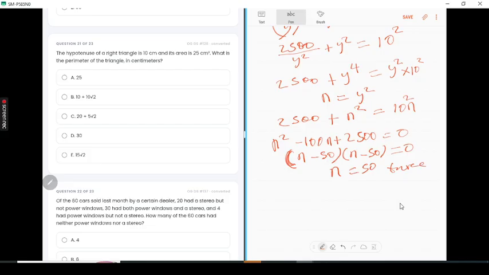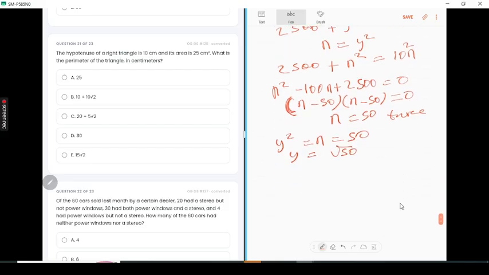So the most important thing here is that n is 50. But we know that y squared equals n equals 50, so y is the square root of 50.